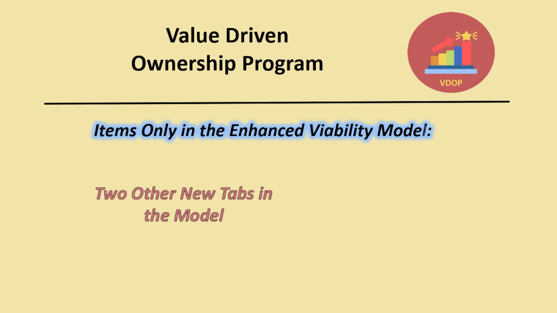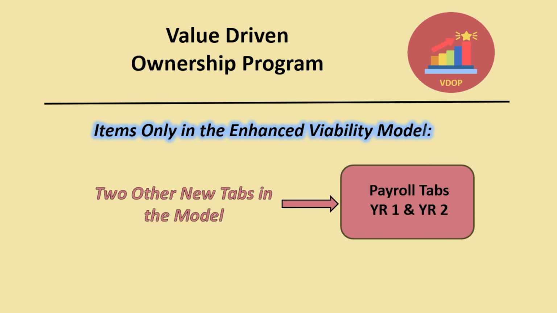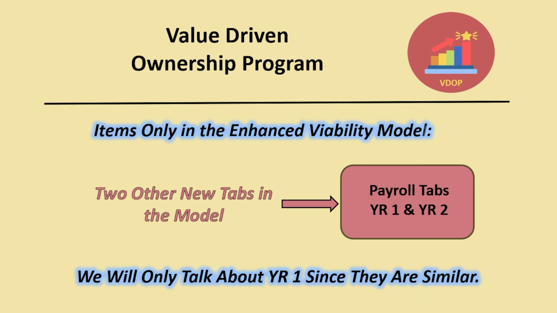Let's look at 2 other new tabs now in the model: Payroll Year 1 and Payroll Year 2. We'll just look at Payroll Year 1 because Payroll Year 2 is the same.